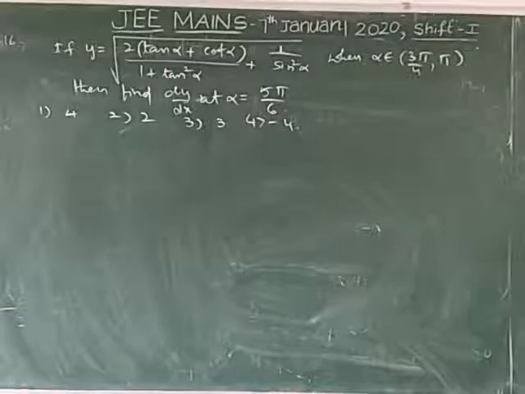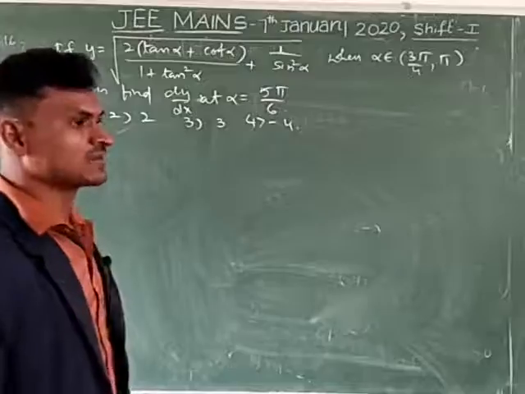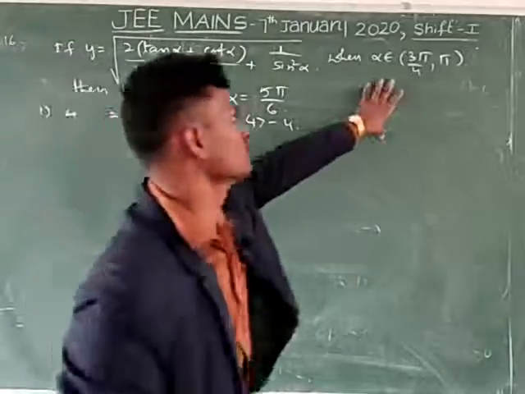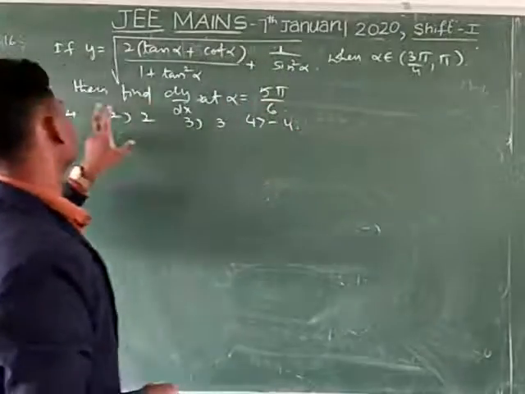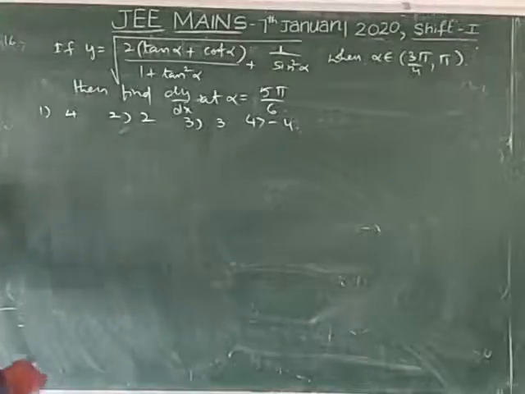Next question: if y is equal to under root of 2 into (tan alpha plus cot alpha) by (1 plus tan square alpha) plus 1 by sin square alpha, when alpha belongs to (3 pi by 4, pi), that means it belongs to the second quadrant, then find dy by dx at alpha equal to pi by 6.